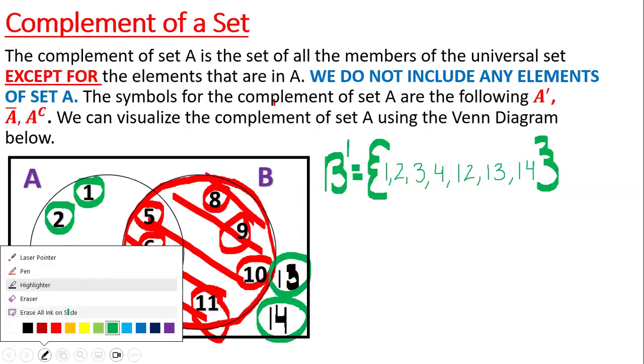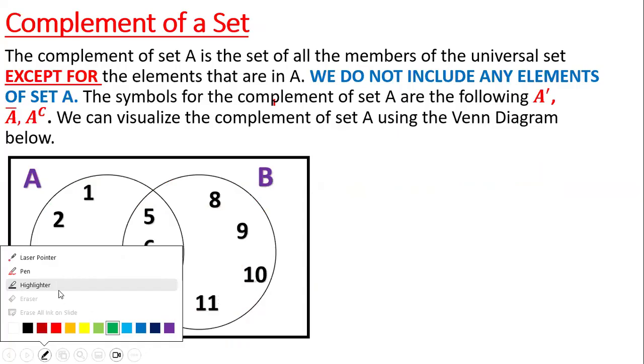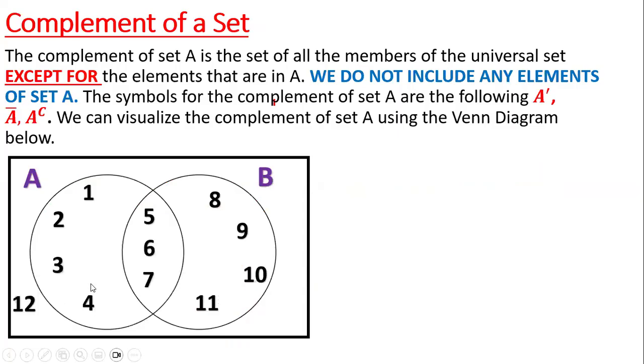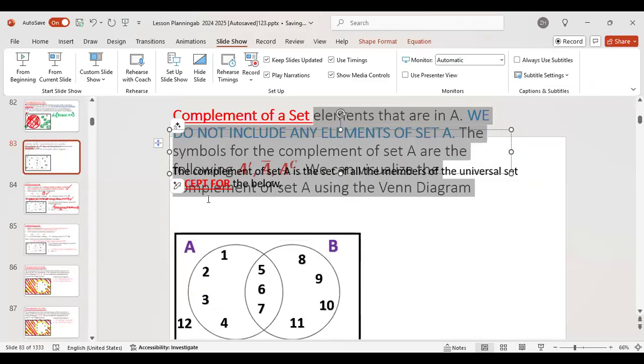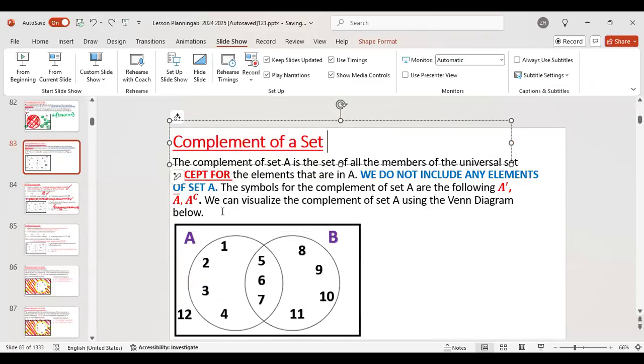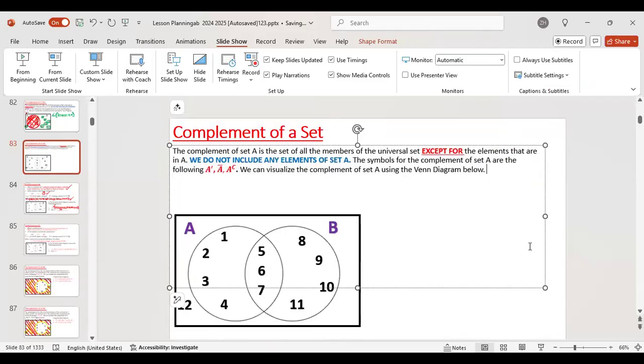All right, so we got B complement. So what we're going to do now is, let me move this. So okay, so we got that. So what I want to do now is I want us to use this Venn diagram. So we probably should already have that already.